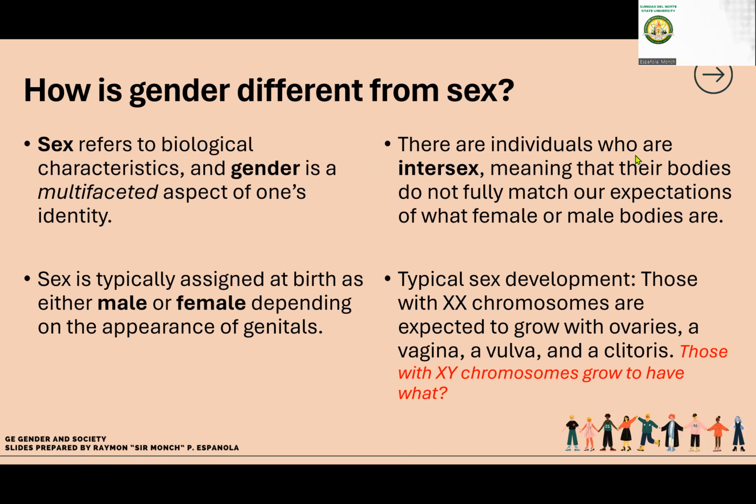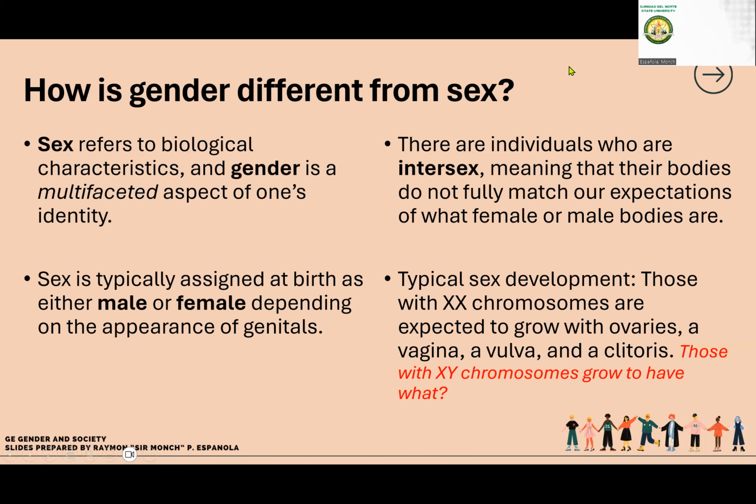But again, in later chapters, you will see that there are individuals who may have differences in sexual development because despite having XX chromosomes, they will grow to have a penis and other male reproductive organs. So that's on the typicality of sexual development, male and female. But later on, we will focus on what it means to be intersex.